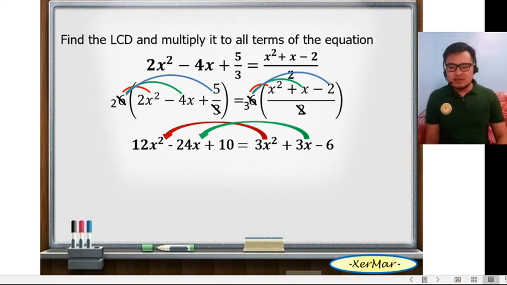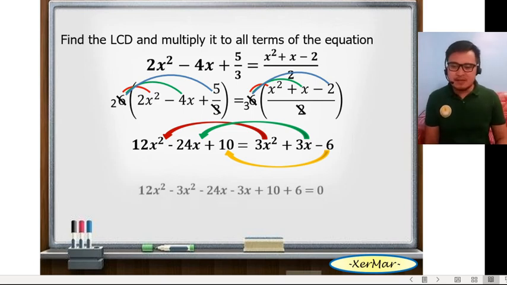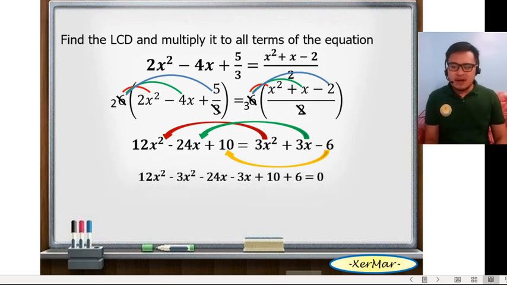And then, itong negative 6, i-transpose natin sunod sa positive 10. Yan. So, ang equation natin ay magiging 12x squared minus 3x squared minus 24x minus 3x plus 10 plus 6 equals 0.